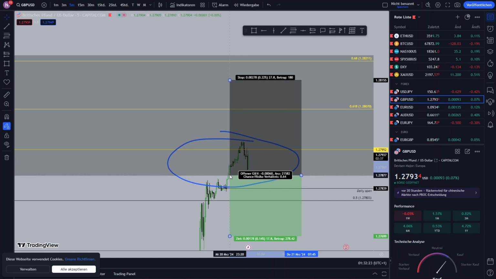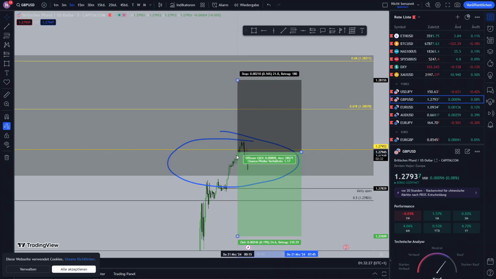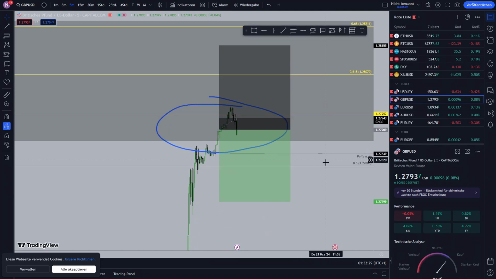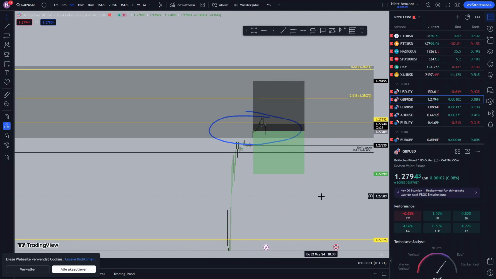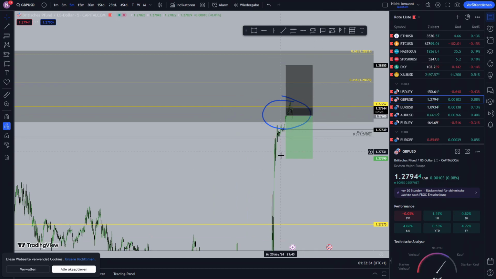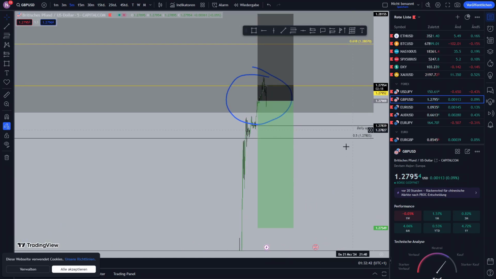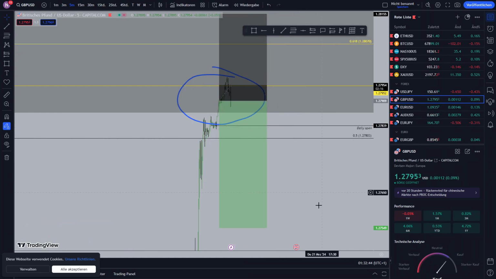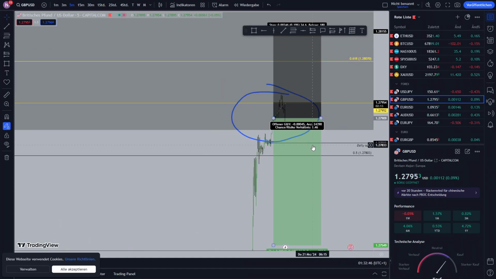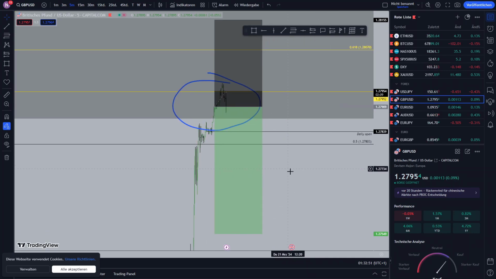I entered, I think here. No, it didn't enter here. I entered, I don't know, it's somewhere around there. Doesn't really matter. And then I just aim for the daily open first. This is a bad risk reward, but it doesn't matter. I just want to have safe profits, even though this is way too small actually. This is kind of dumb. I normally at least want like 0.5 risk reward or so, but whatever.